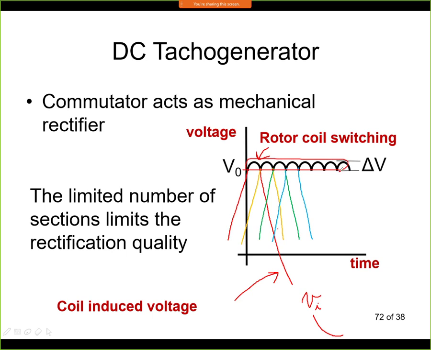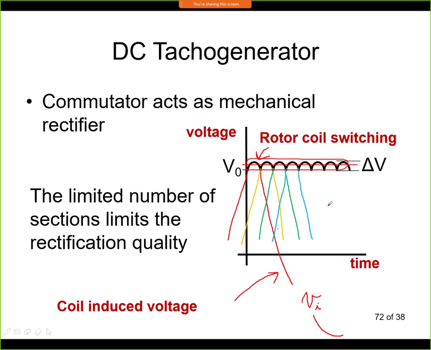We want to get this voltage because we want to cut away everything else except the peaks. Now in the ideal case, the commutator would have an infinite number of sections, so this would be a flat line. It would be something like this, an ideal voltage. We are limited in the number of sections that we are able to make mechanically on the commutator, so this limits the rectification quality.